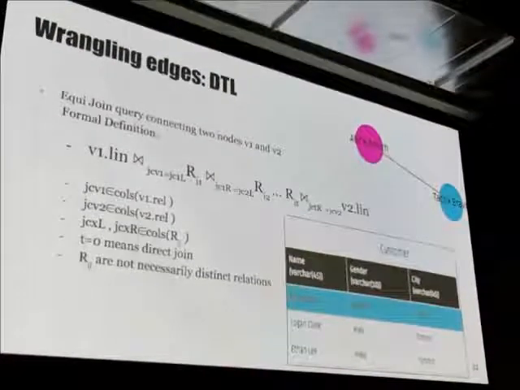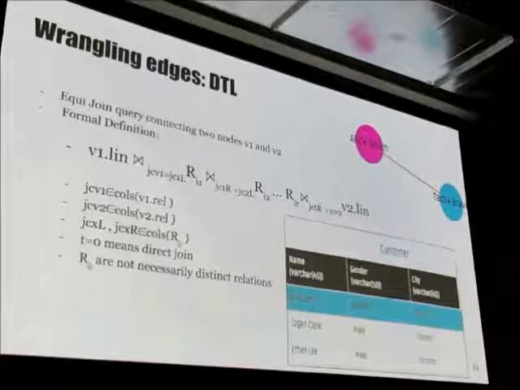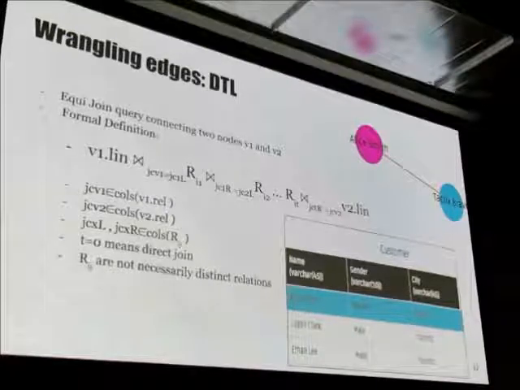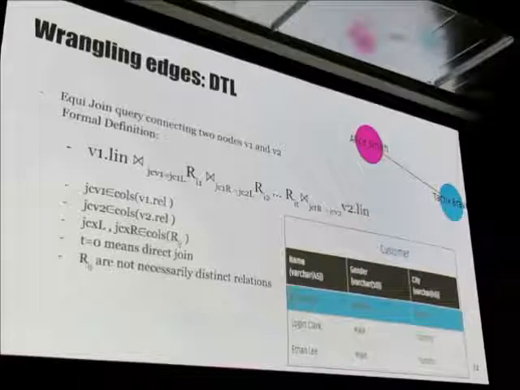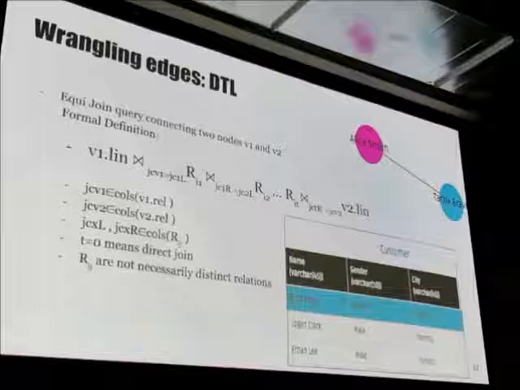So these two nodes have lineages, and our edge can be anything that joins these two nodes. Like it can be another table, or a self join of another table, or two other tables, or it can go on forever. But we are limiting it to two intermediate joins for this demo paper.